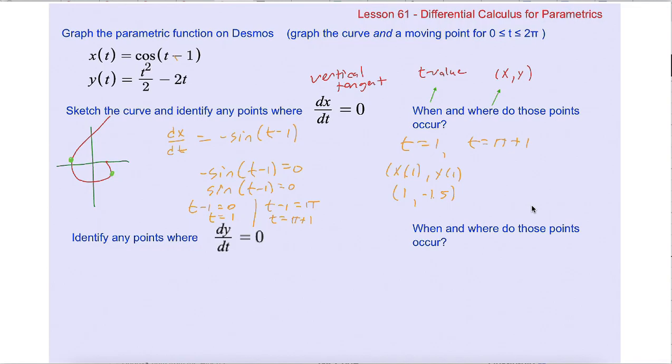The other one, t is equal to pi plus 1, so I want to find the cosine of pi plus 1 minus 1, or the cosine of pi, which is negative 1. And pi plus 1 squared over 2 minus 2 times pi plus 1, like that's an annoying number. I'll just write it in that way.